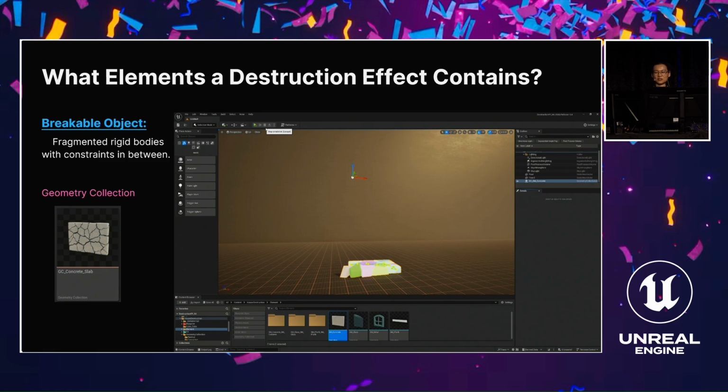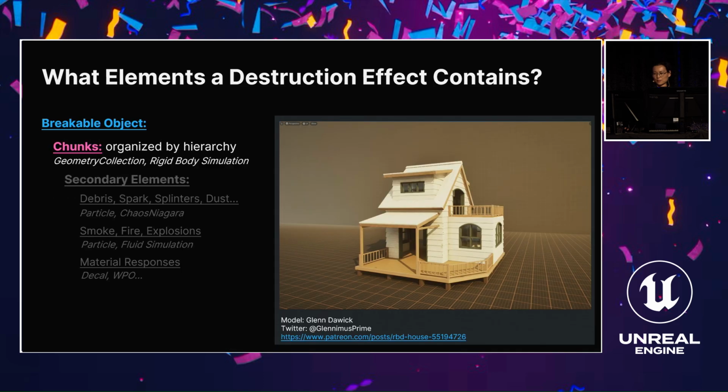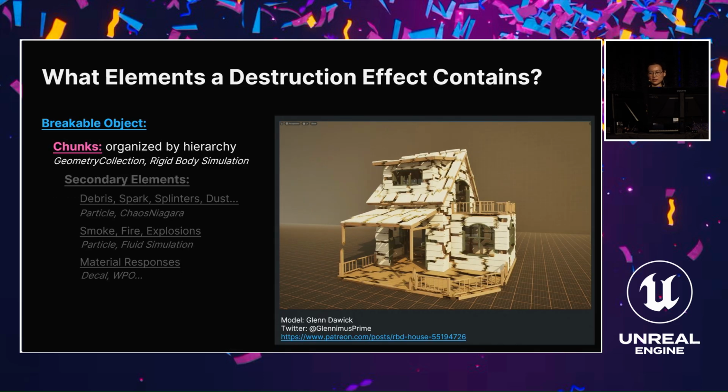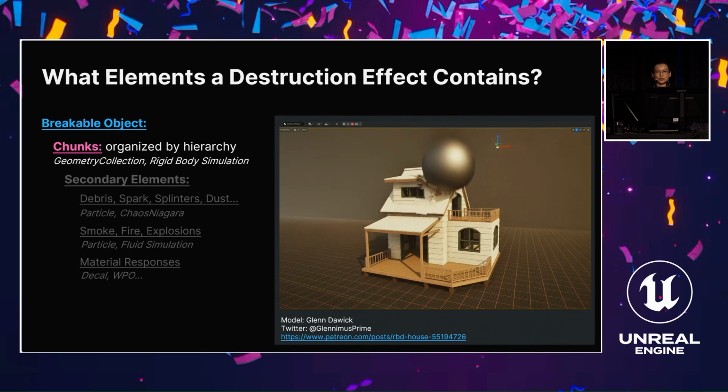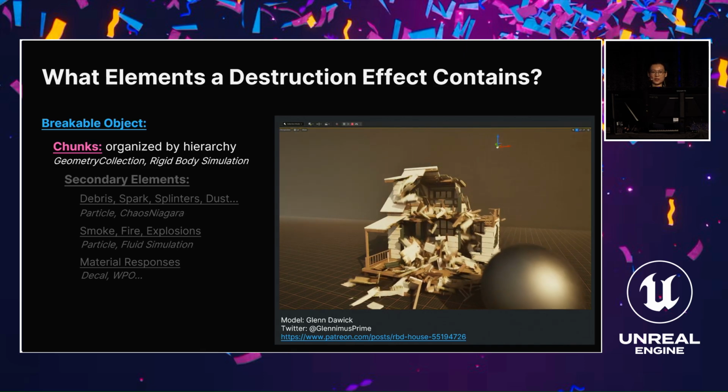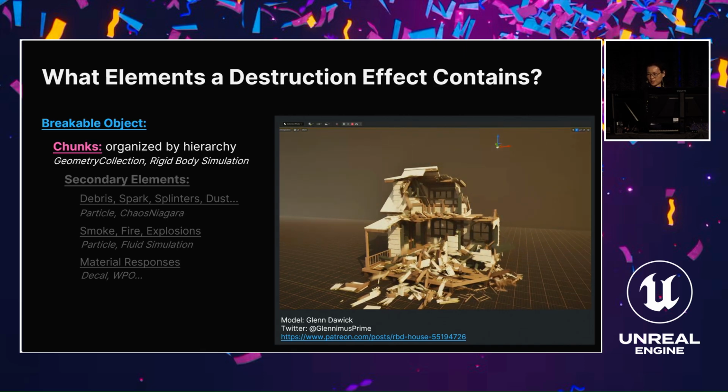Fracturing a single slab is pretty straightforward, but for large-scale destruction, we need to consider structures. For example, this house model, I bought it on Patreon, and I'm going to use this as a demonstration throughout today's speech.